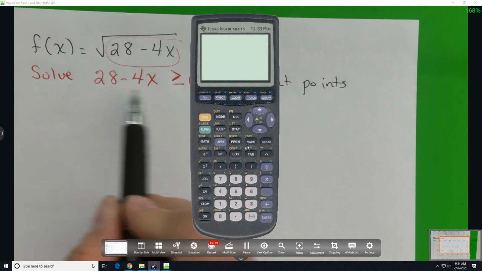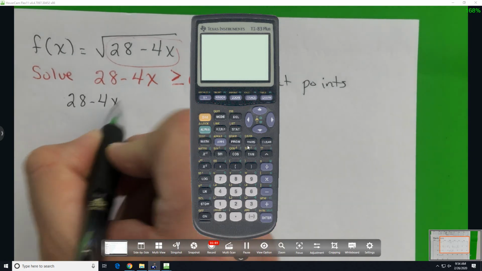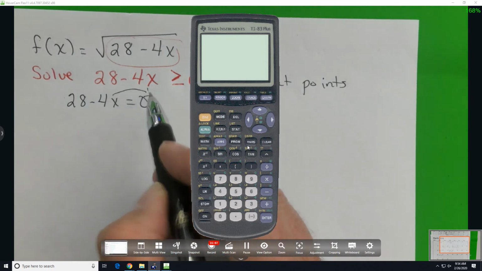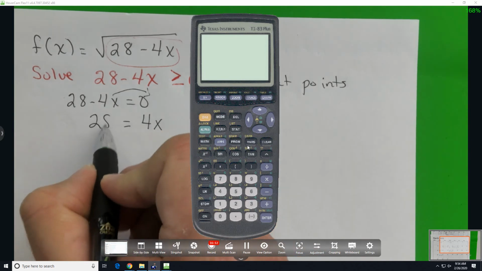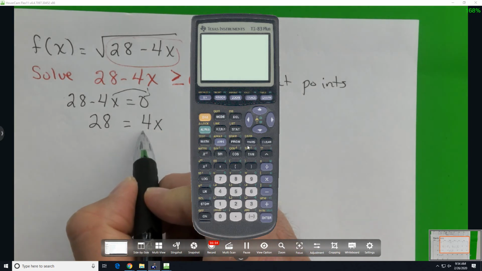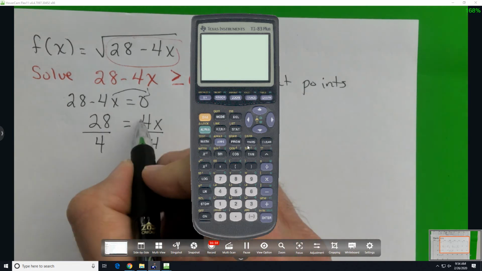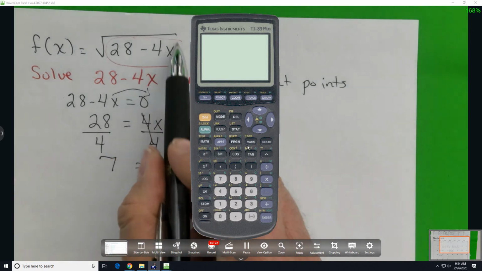To solve this using cut points, you just solve 28 minus 4x equals 0. Isolate the x. I think I'll move the 4x to the right, and then divide by 4.